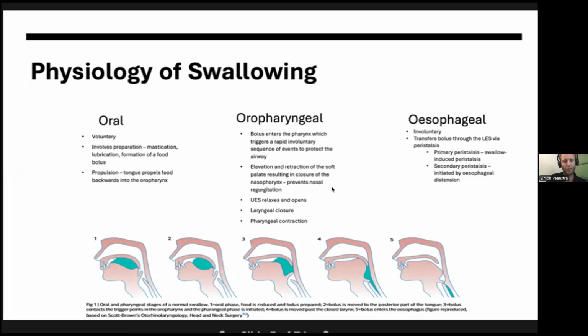Oropharyngeal is the process of swallow initiation. It's under involuntary control, and a lot of the airway protection reflexes occur in this phase. And then esophageal is the last phase, the transit phase of the bolus down into the stomach due to peristalsis, and that usually takes a couple of seconds.